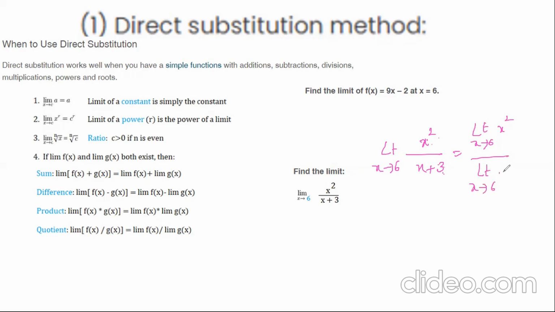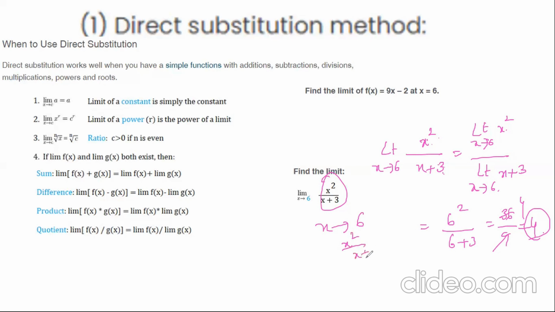So as x tends to 6, 6 square by 6 plus 3, which is 9. So 36 upon 9, that is 4. 4 is our limit. That is, as x is approaching 6, this function x square by x plus 3 is approaching towards 4. That is the meaning. Yes, very good.